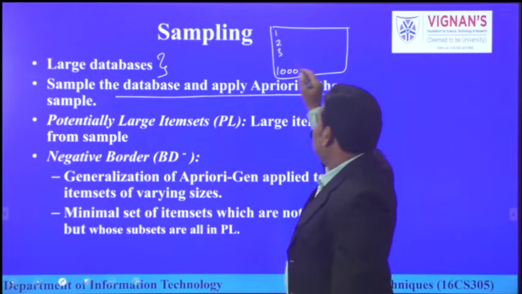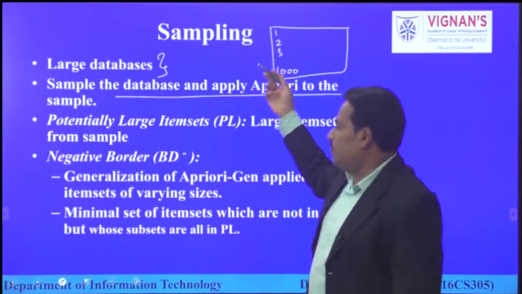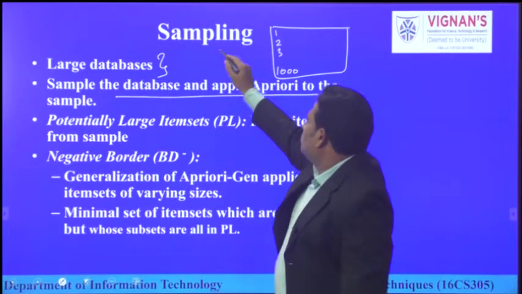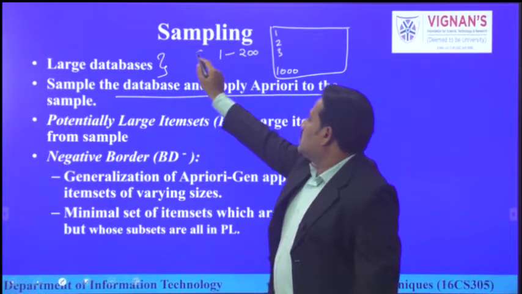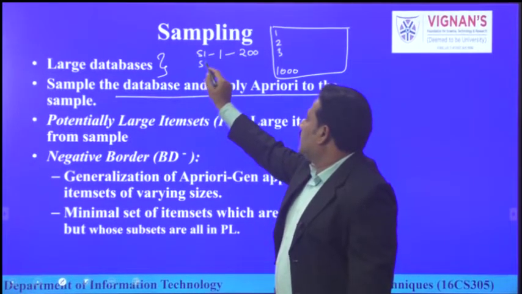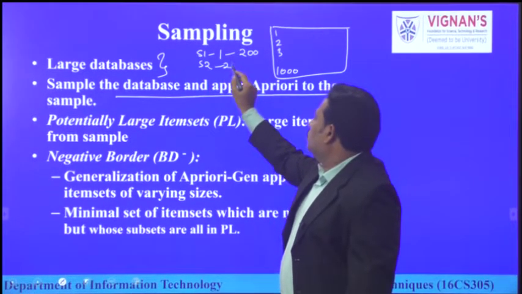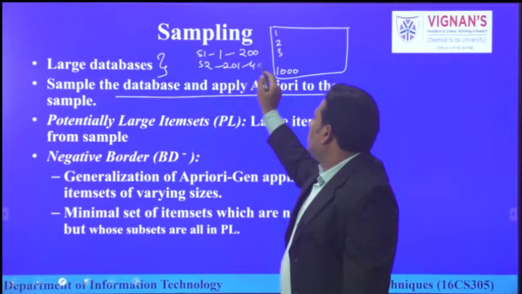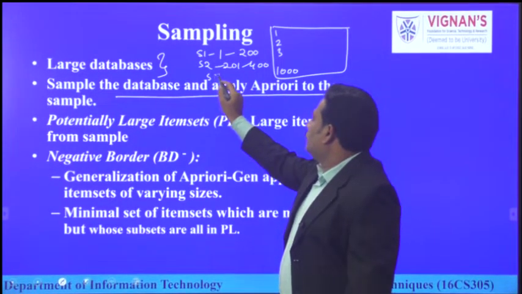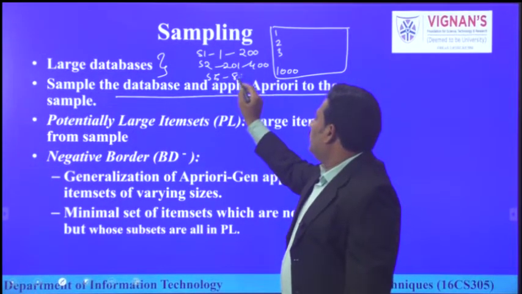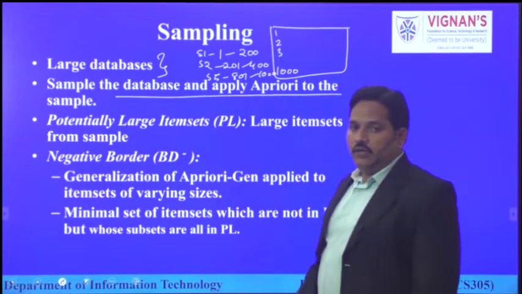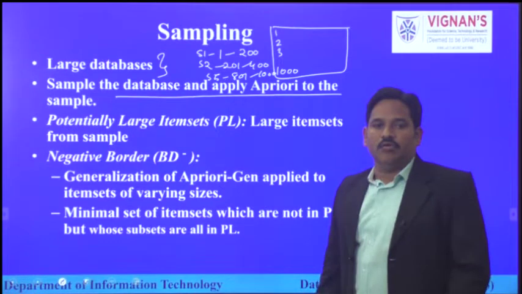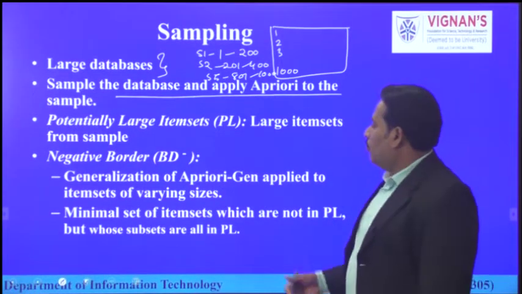Divide these 1000 transactions into 5 subparts. Let us assume 1 to 200 transactions in sample 1. For the second sample, consider 201 to 400. Like this, the fifth sample will have 801 to 1000. What we are doing is repeating the same algorithm in parallel more than one time.